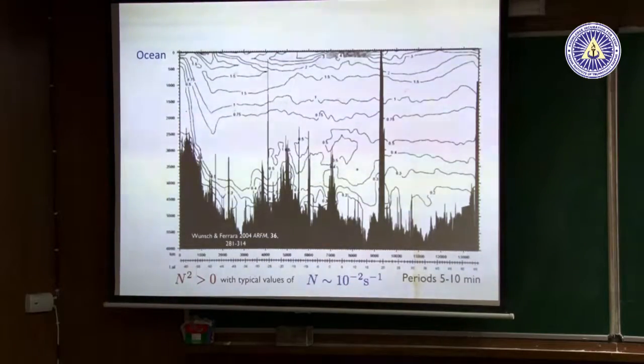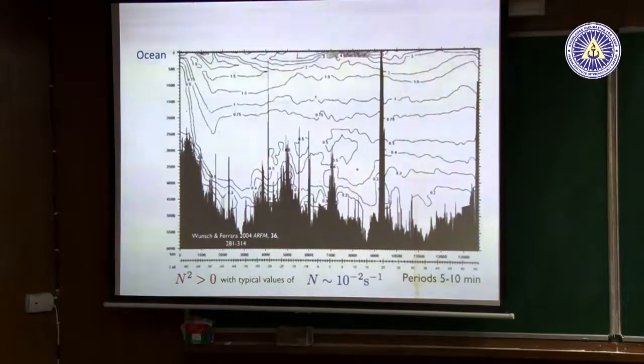You might be able to see this is 1.5, 1, 0.5. So as N gets smaller, it gets more and more unstable, if you like, because that means that the slope is less. Here you have, because of the heating, the ocean quite stable and quite close contours, and that means a period of order 10 minutes.